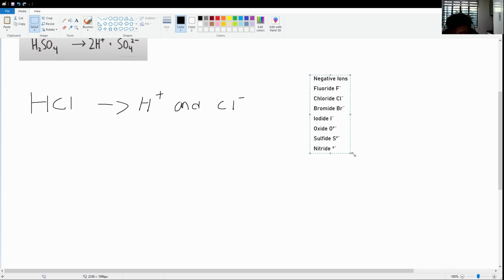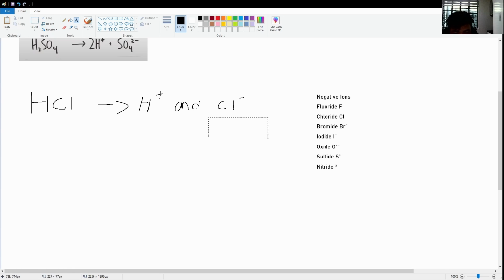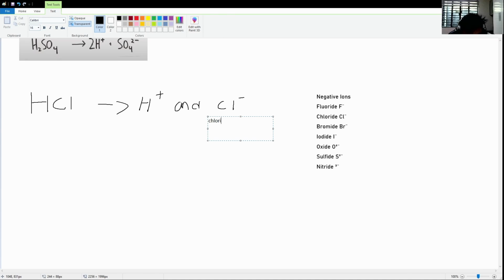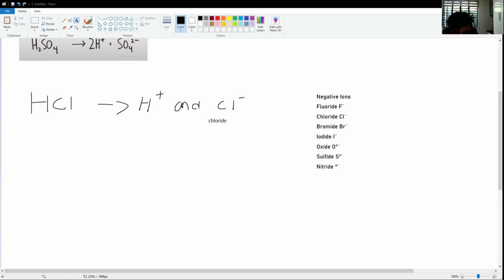These are the list of negative ions. So Cl is chloride, so we write chloride, and we must use the rule for this.